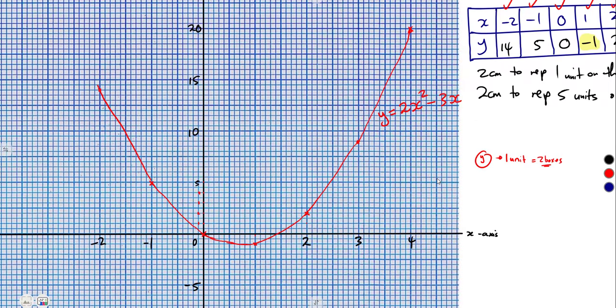So as we can see, this time our graph is what? Concave up. That is what we have. Our graph is concave up, facing up. So it's about the shape. The shape. Okay, so I want you to be very careful about this.